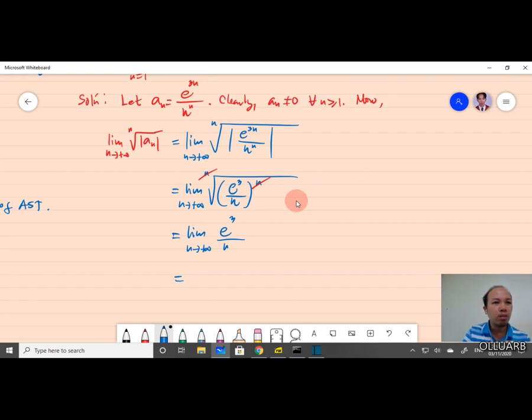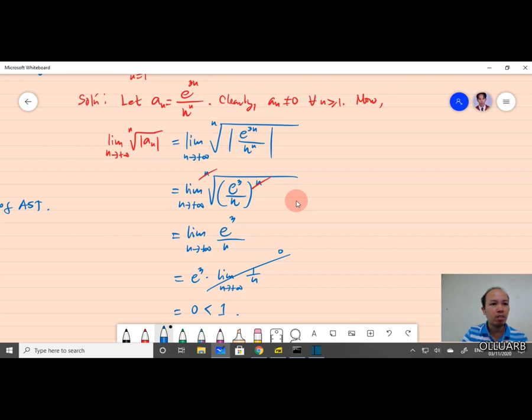So this is equal to, as you can see here, e cubed times the limit of 1 over n as n approaches positive infinity. And we know that this is 0. So this is 0 times e cubed, which is 0, which is less than 1.